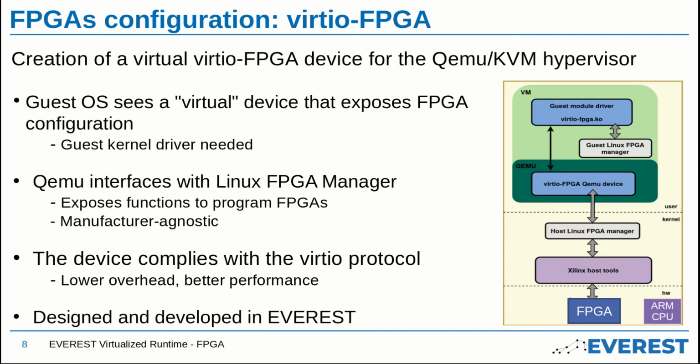To proceed into some details, the virtio-FPGA component introduces the creation of a new virtual device. So QEMU creates the virtual device, called virtio-FPGA, and assigns it to the guest. This device can accept FPGA programming requests that arrive from the guest system.